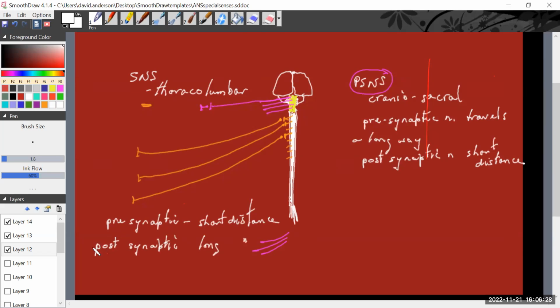So our postsynaptic are these ones, and our presynaptic is up there. So again, that's just anatomy, right? That's just following the pathways.